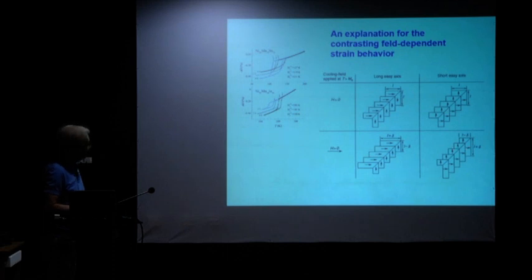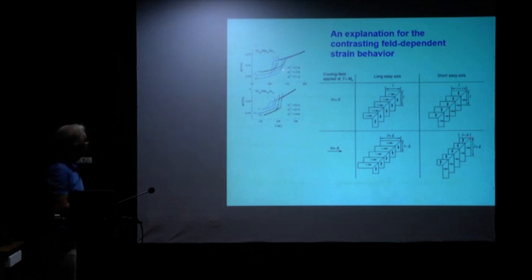When we go to the new phase, we will grow variants more in this direction, in the short axis direction, so that this direction will then be shorter.